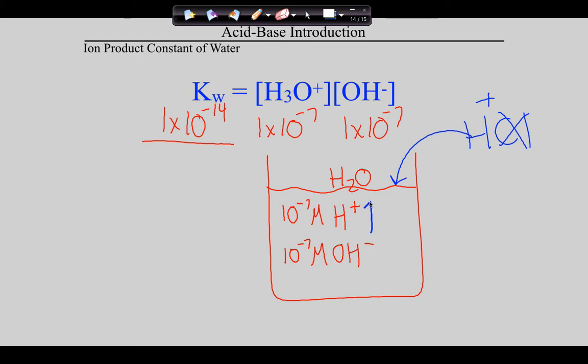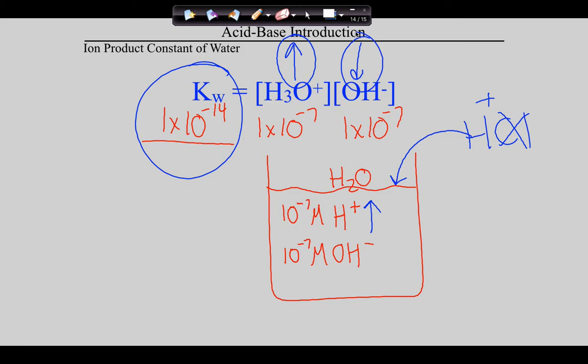It's going to go up, right? Dumping in hydrogen ions makes the molarity of hydrogen ions go up. But now guys, check this out. If the concentration of hydrogen ions goes up, and if Kw doesn't change because it's a constant, what has to happen to the concentration of hydroxide? It's got to go down.